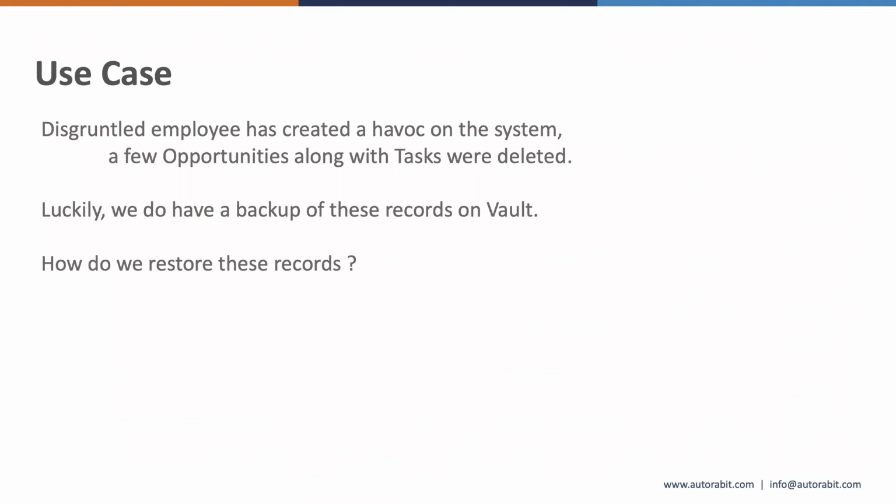You could delete a few opportunities in the system, or change some of the data on your opportunities. And how do you get the data back? I haven't seen a Control Z option on Salesforce. So you cannot just snap a finger and get the data back. But luckily, if you have a backup of these records on Vault, we are able to restore that for you.